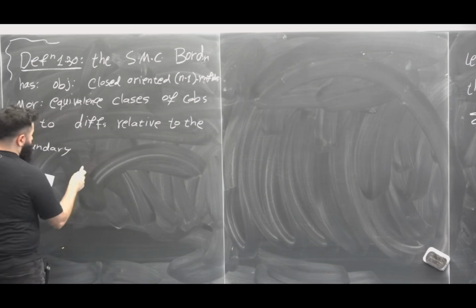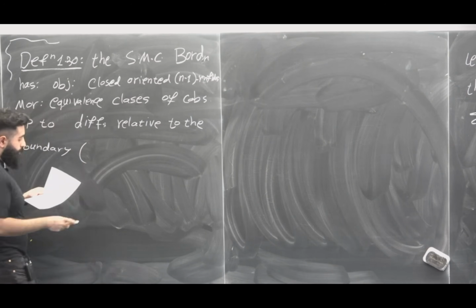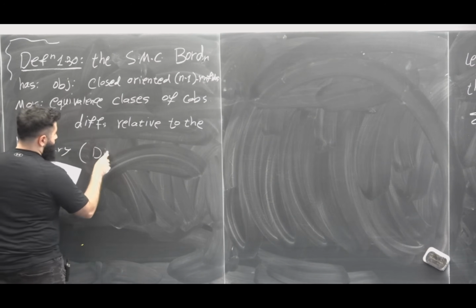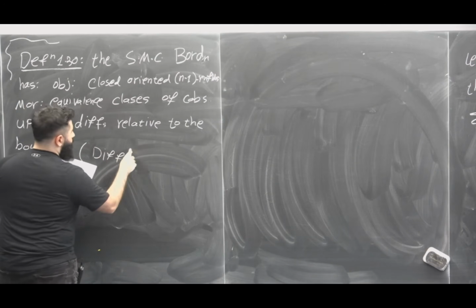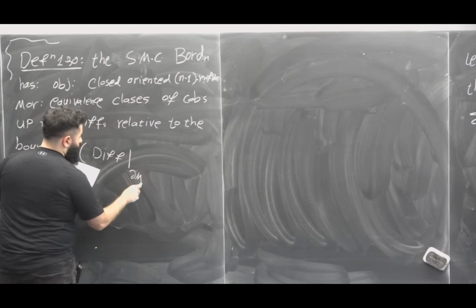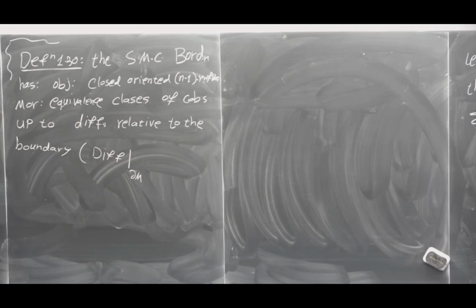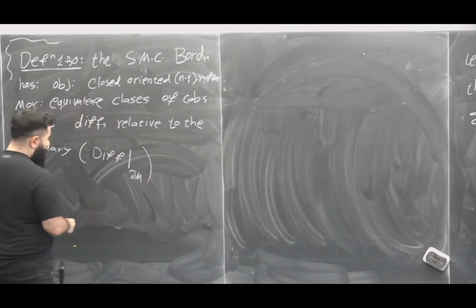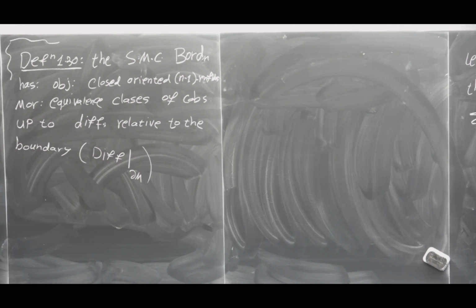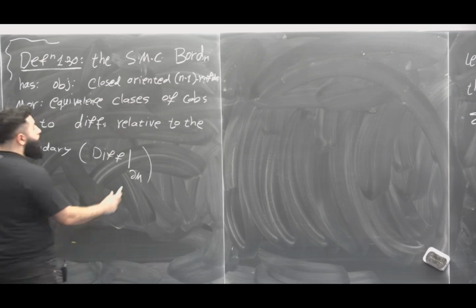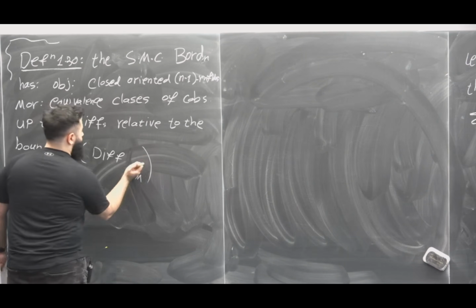And I think it's denoted like this. Correct me if I'm wrong, William, but I think it's denoted as Diff restricted to the boundary. This part I'm not sure of, but I saw it in a talk somewhere. That's why I wanted to write it down. Diff sub-partial: if you have two manifolds that have the same boundary, Diff sub-partial is the diffeomorphisms fixing it. Oh yeah, I think you're right.